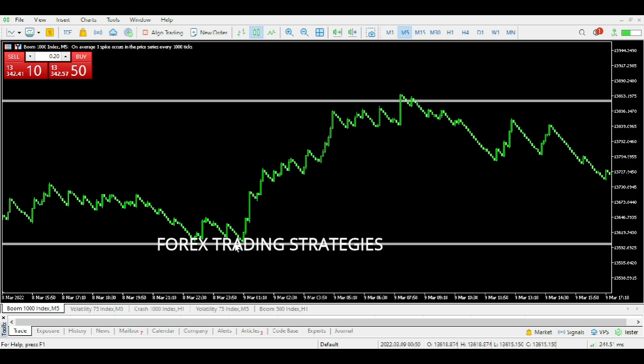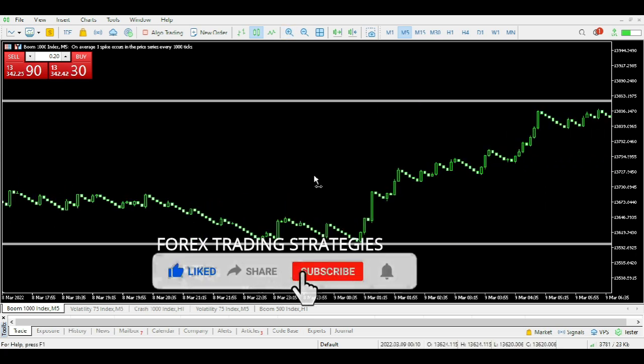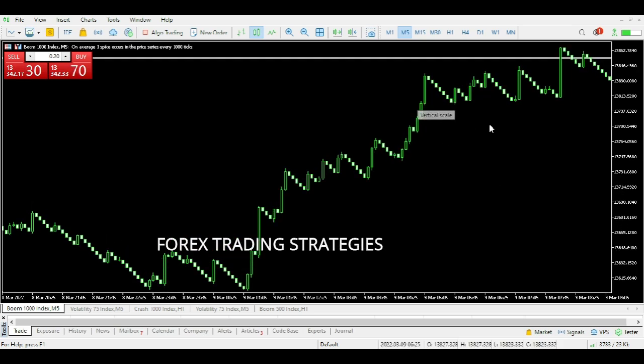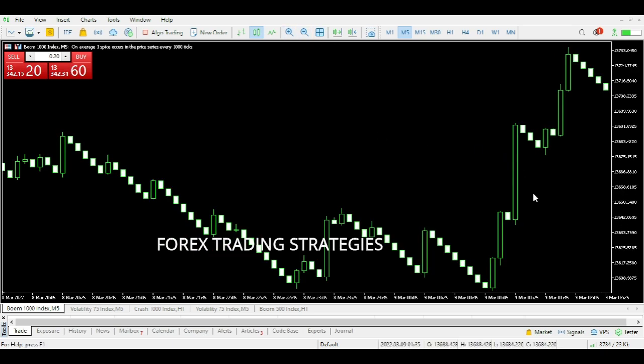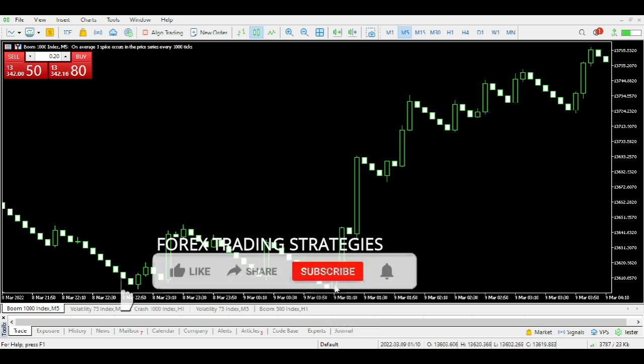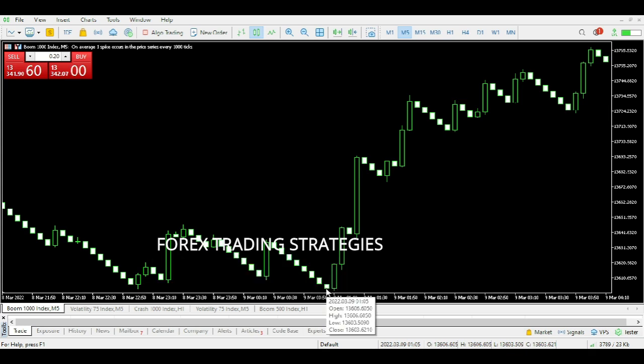My concept, and I'm just picking a random idea here, is that we want the robot to look at the previous candle. Let's zoom in. We want the robot to look at this candle and compare it with this candle, so we look at the previous candle close.